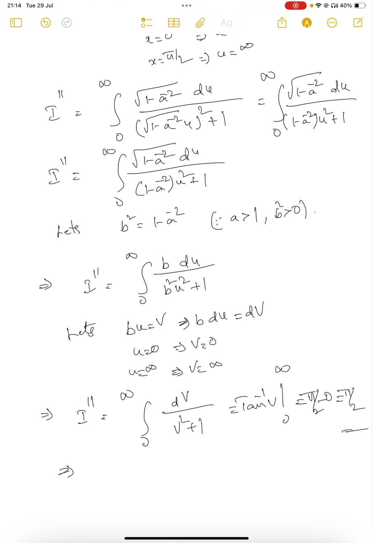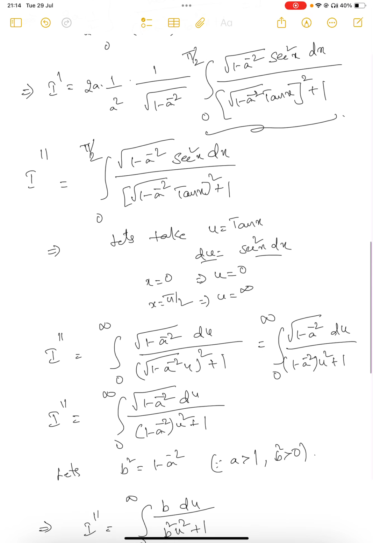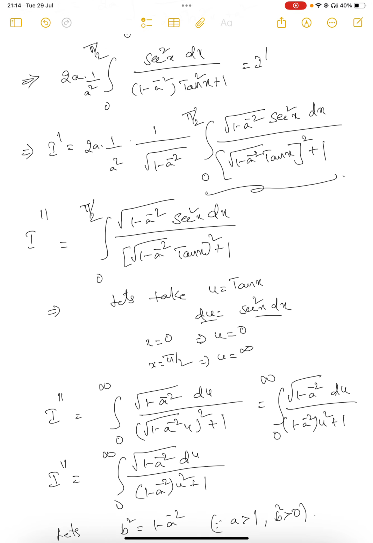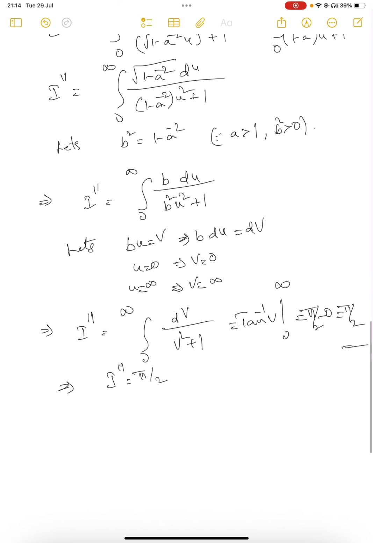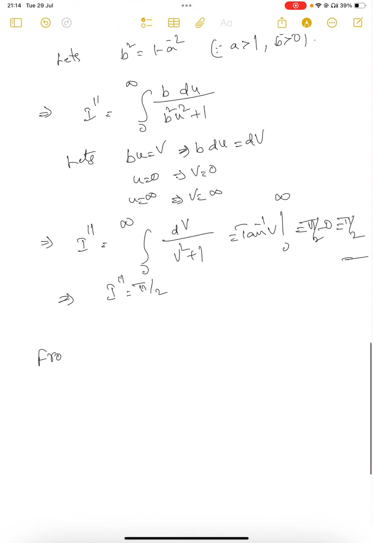That means we got I double prime equal to pi by 2, right? Then I double prime equal to pi by 2. Then from I prime, this equation, let us consider it as 2. From 2, I prime equal to 2a into 1 by a square into 1 by root of 1 minus a power minus 2 into this I double dash.